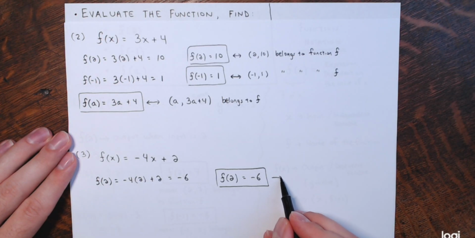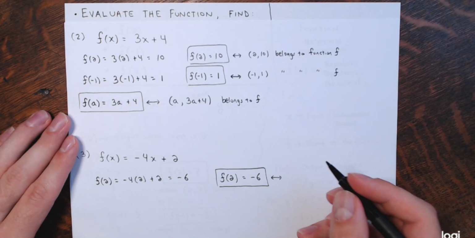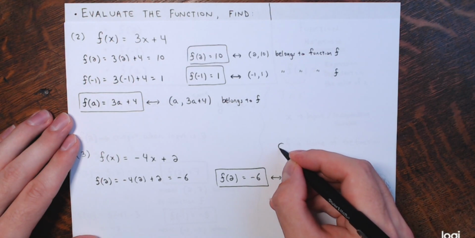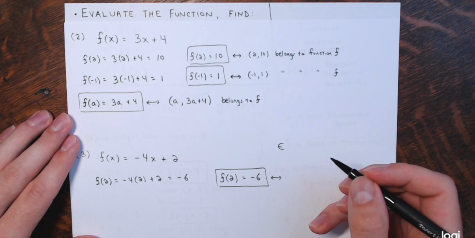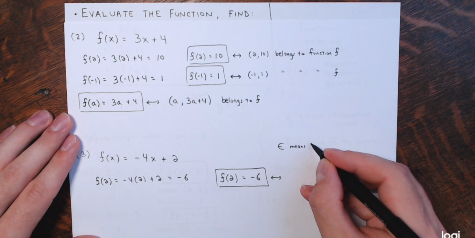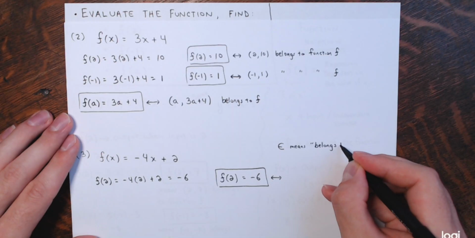Now again, what that would mean, if you're talking about function f, now I'm going to do a little shorthand. This symbol here, kind of like a rounded little e, means belongs to, or is a member of, or is an element of.